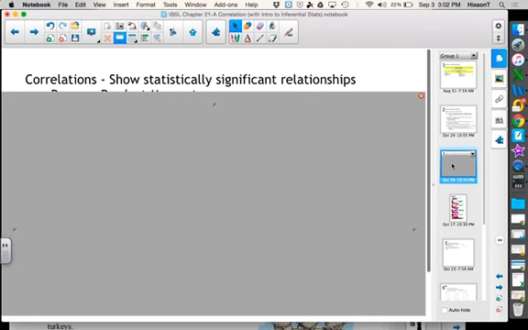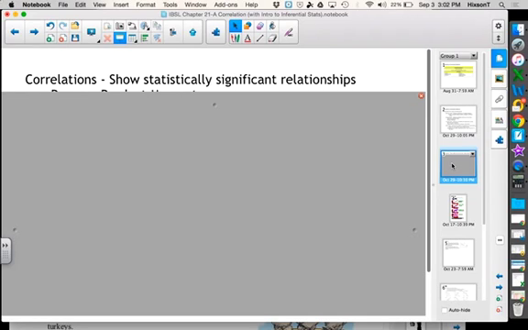It's just statistically significant. There's a difference there. You can have something that shows what would be considered a strong relationship, but it's not strong enough to be statistically significant because maybe you don't have very much data that you're drawing that from.